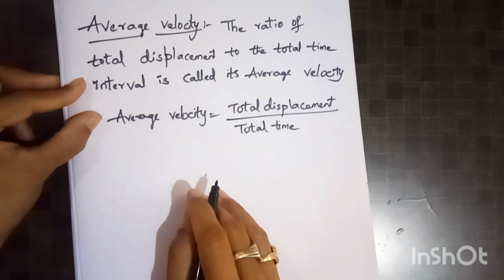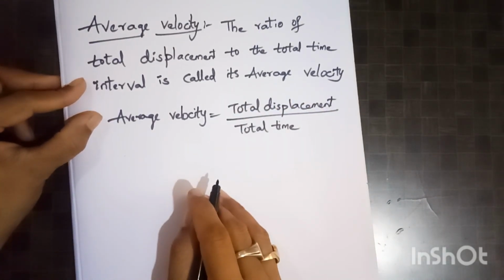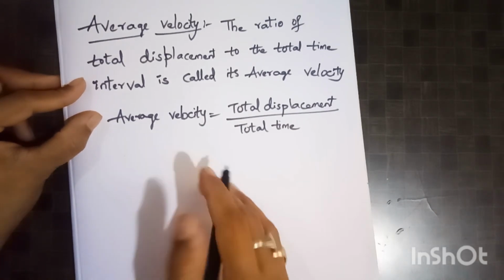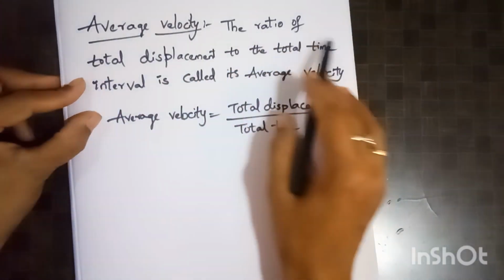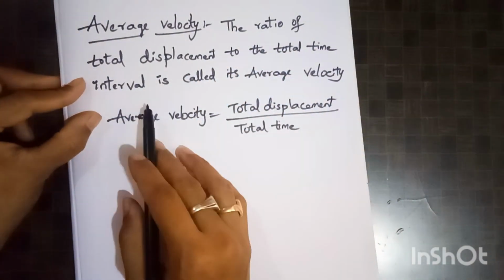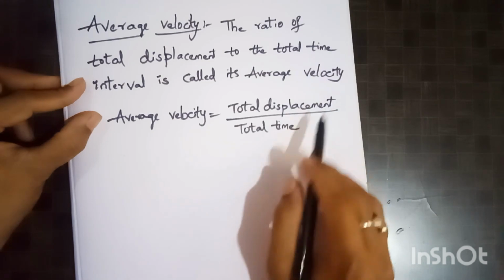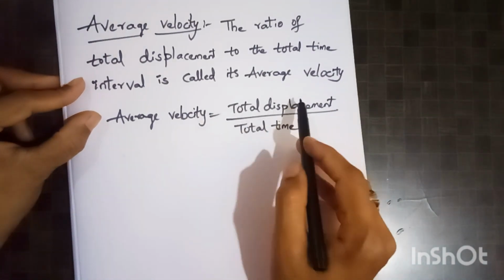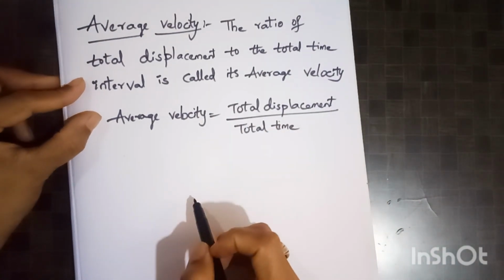As I said, average speed means the ratio of total distance by total time is called its average speed. Similarly, average velocity means the ratio of total displacement to the total time interval, that is total displacement by total time.